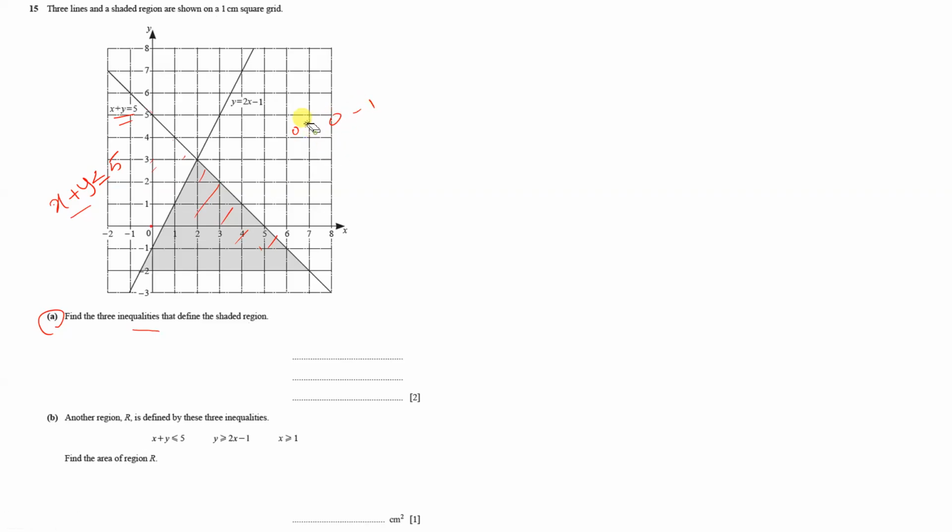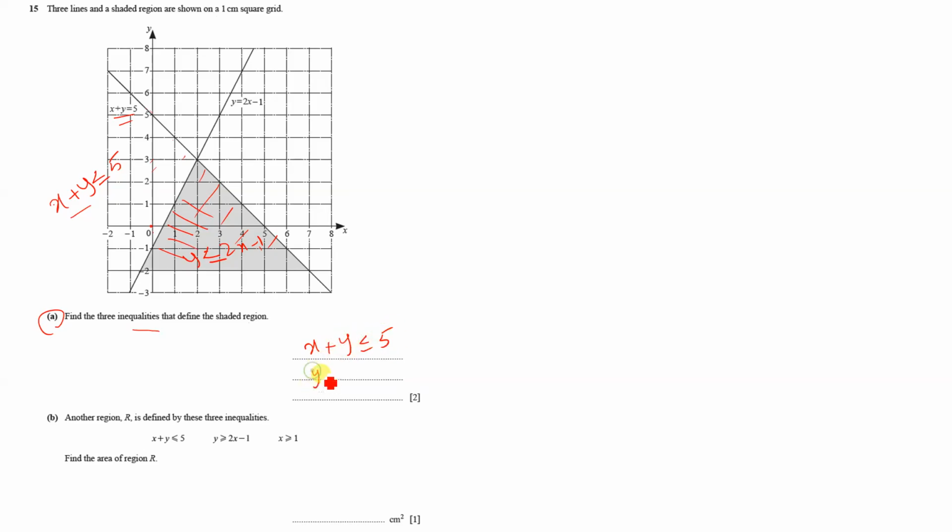So this gives us actually 0 is greater than. So this is the region where y is greater than 2x minus 1. But we are concerned with the opposite region, that is this region is y is less than 2x minus 1. So our first inequality is x plus y is less than or equal to 5.